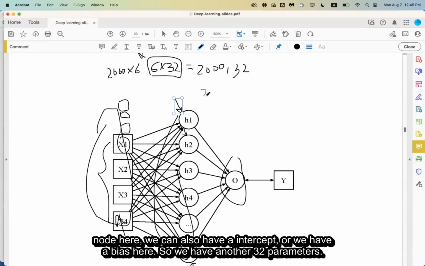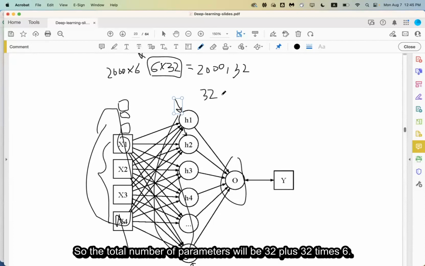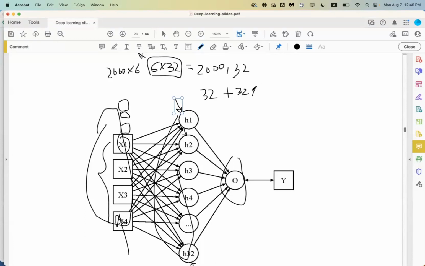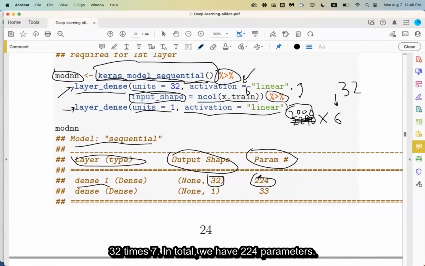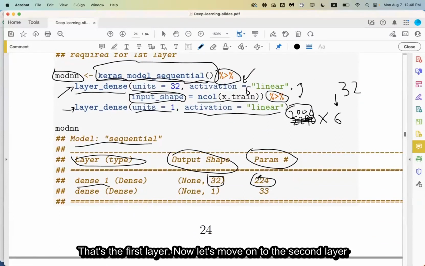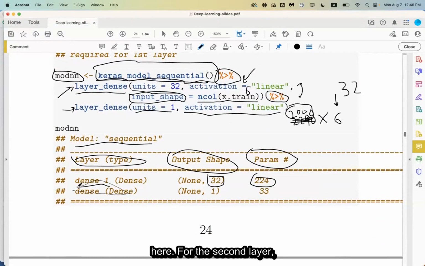So we have another 32 parameters. So the total number of parameters will be 32 plus 32 times 6. So that's 32 times 7. So in total, we have 224 parameters. That's the first layer. Now let's move on to the second layer here.